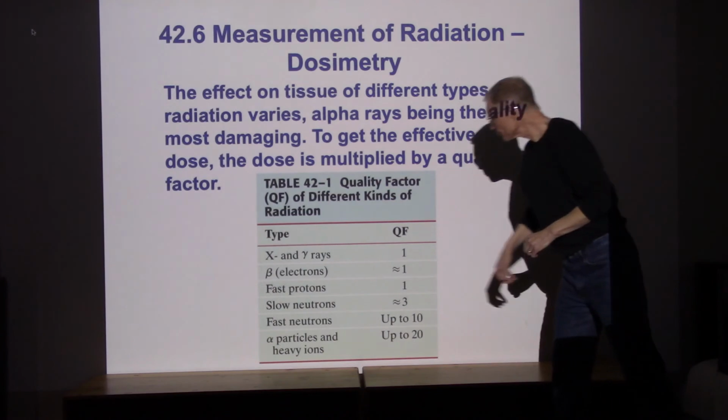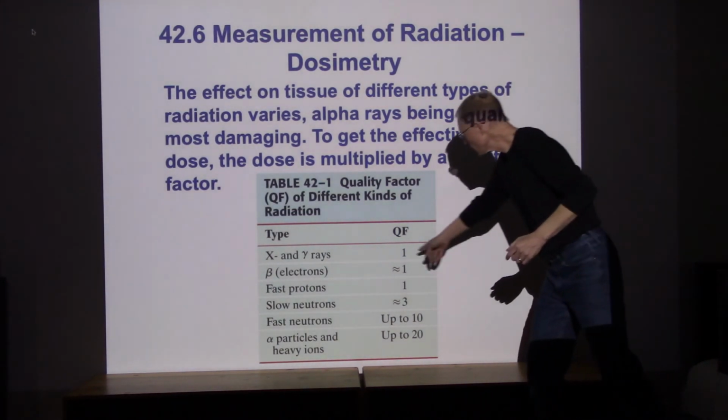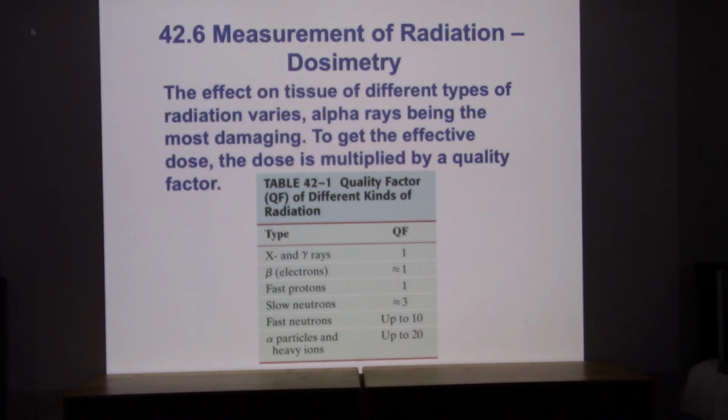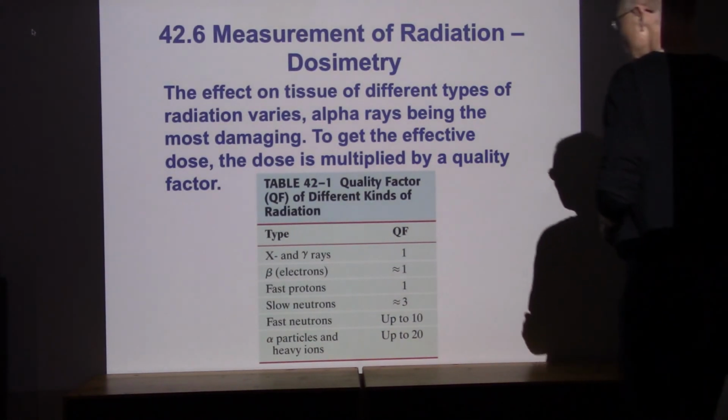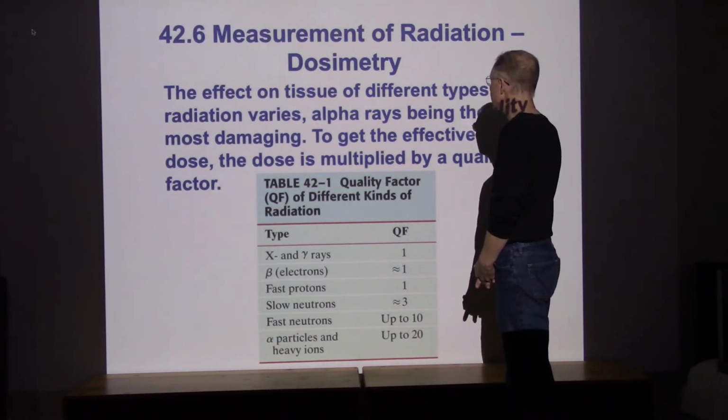But notice if you're using neutrons or alpha particles, gray for gray, joule for joule, they can do 10 or 20 times as much damage. And so the damage that you're getting from those can actually be quite a bit higher. So that's considered a quality factor.